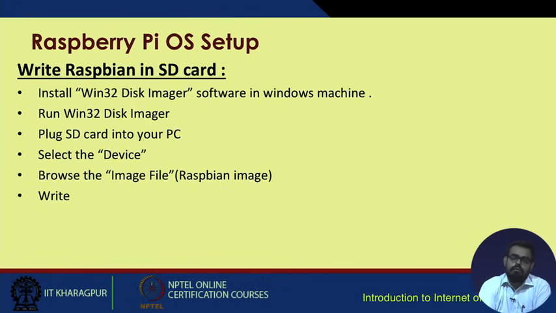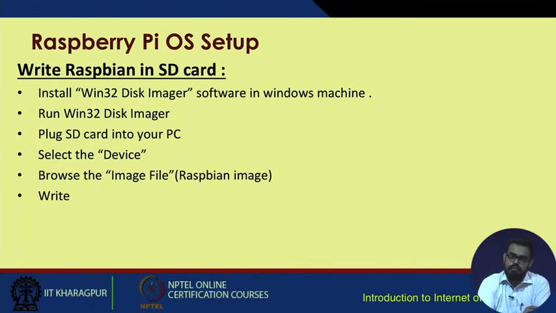So for Windows based systems, since most of the people use a Windows based system, the installation for this image is quite easy. You require a software called Win32 Disk Imager. It's freely available online. You run this disk imager software, plug in the SD card into your PC. You'll need an USB adapter for the SD card.